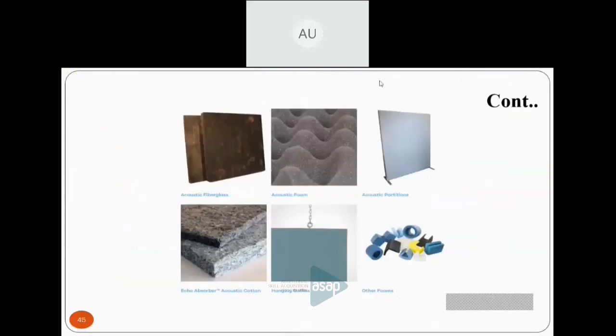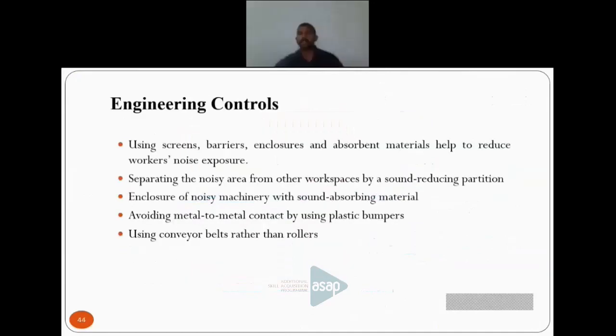First question: how can we control or reduce continuous noise? You can use engineering control measures, like barriers or screens. That is the first way.